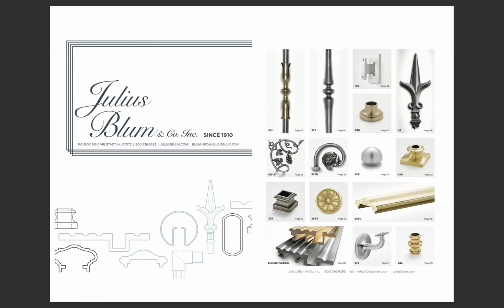So that means that you can use what Julius Blum has in their collection and then go to a local metal worker, because again, you don't buy your staircase railing off the shelf. It has to be made for you. So you always have a degree of personalization, and always talk with your manufacturers.